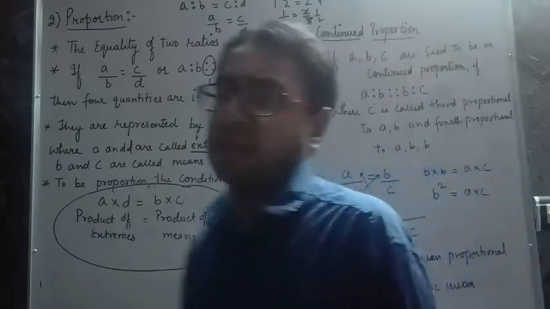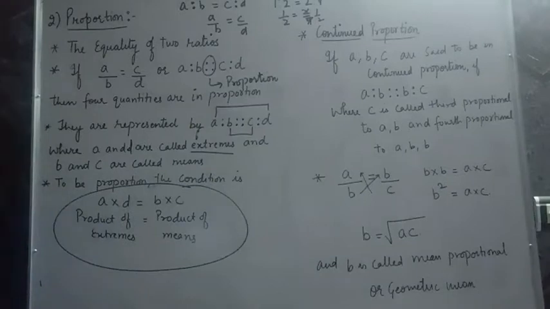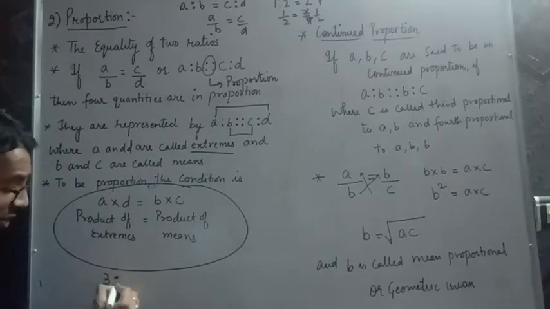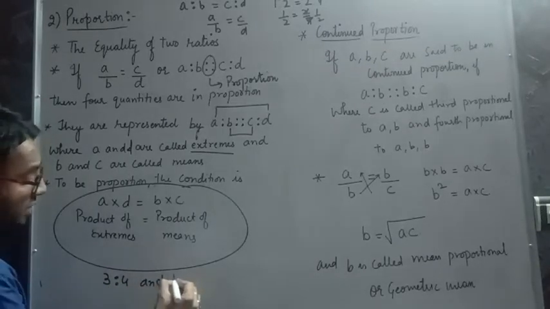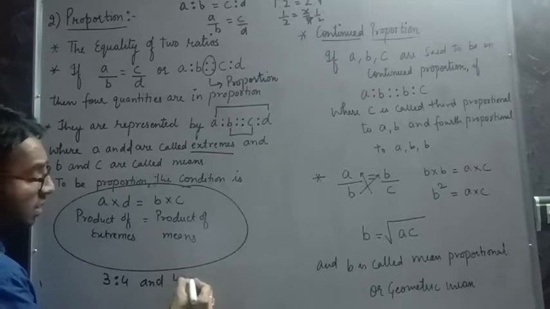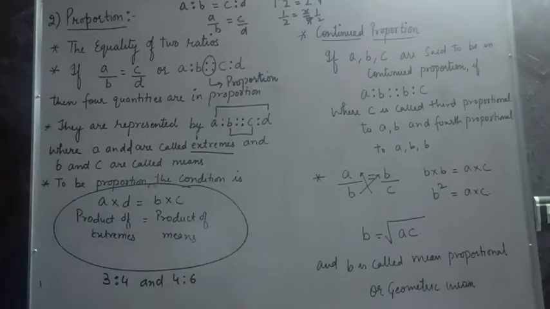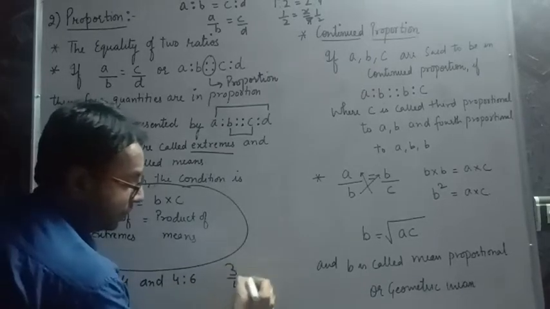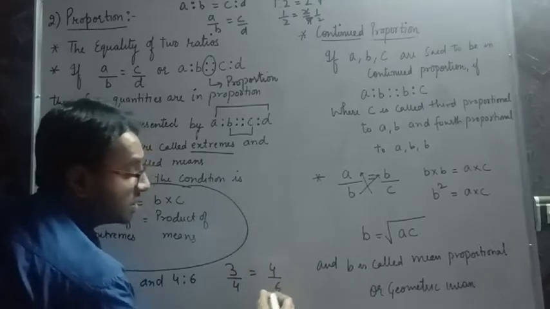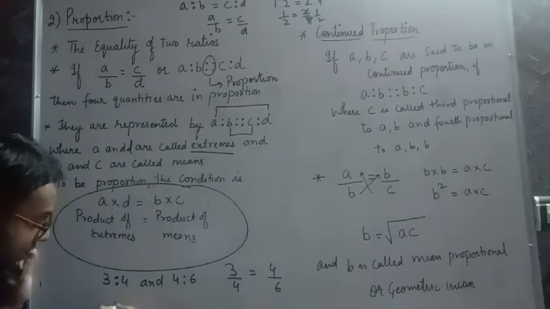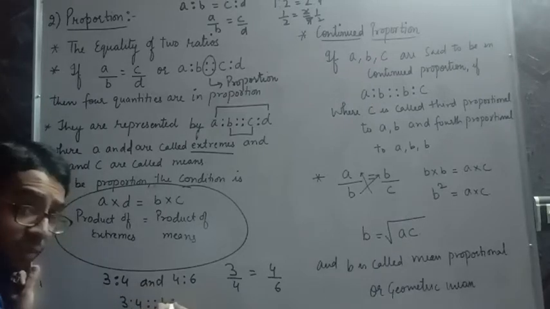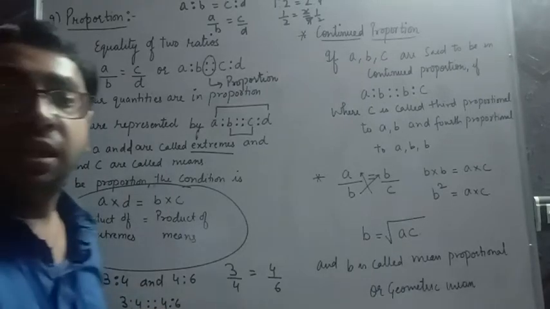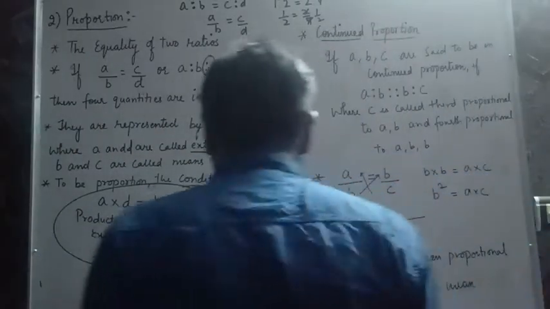Let me take an example and let's prove whether they are in proportion or not. For example, I am considering the ratio 3:4 and the ratio, for example, 4:6. Now, 3:4, that is 4:6. This is how we represent it.